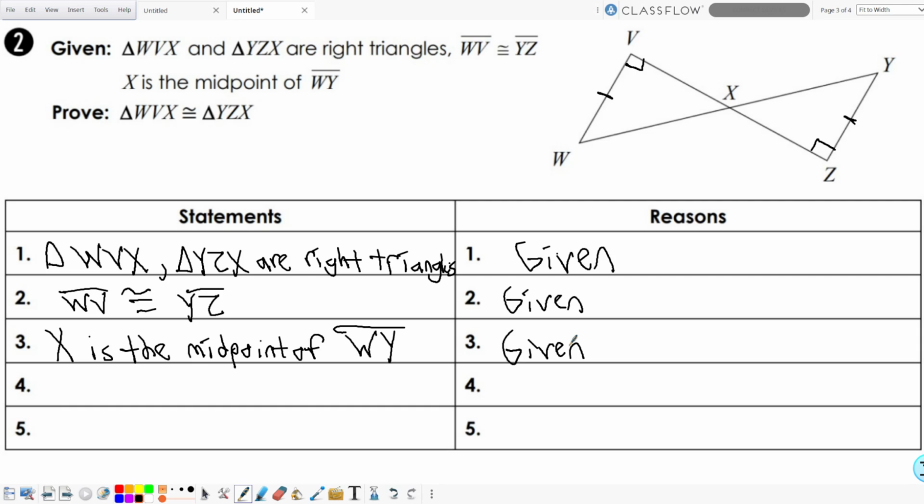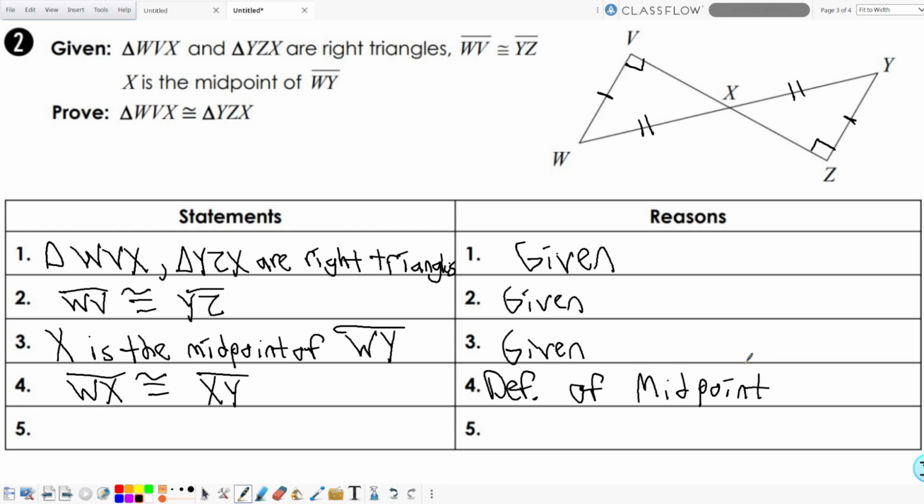So if X is the midpoint of WY, then we must have that WX is congruent to XY. So WX is congruent to XY. Why? Because definition of midpoint.